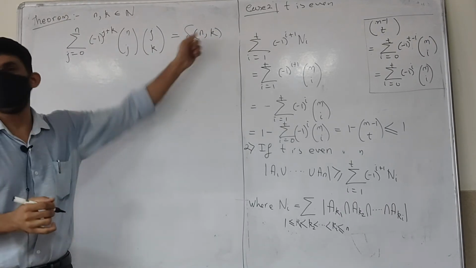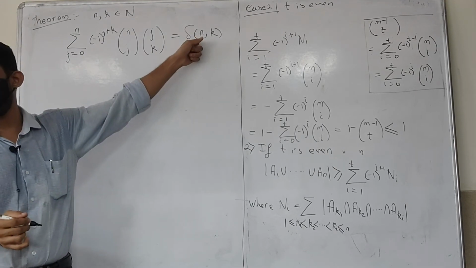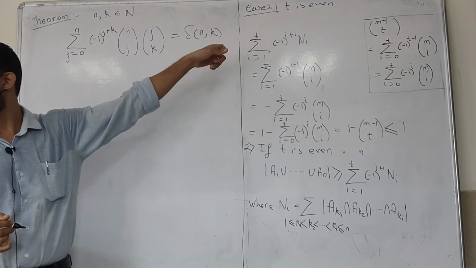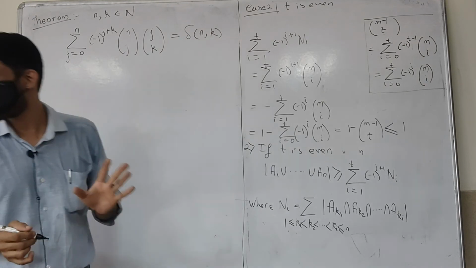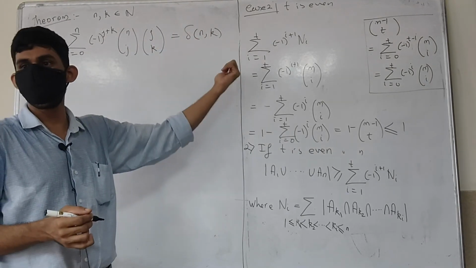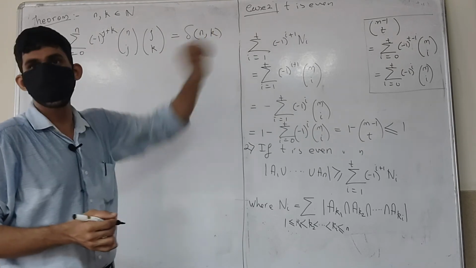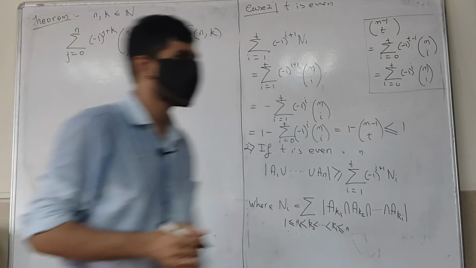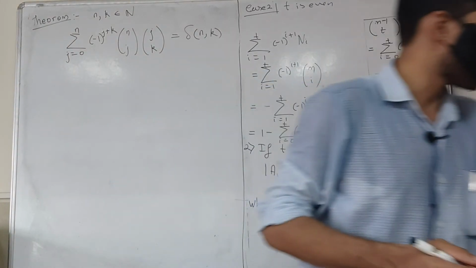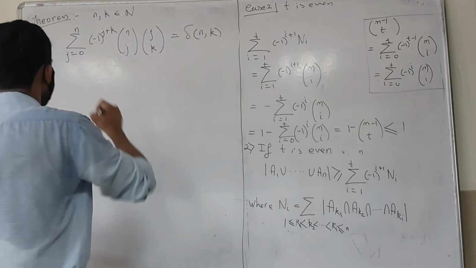The characteristic function. Okay, that is 0 when n is not equal to k and 1 when n equals k. Okay, so this quantity will become 0 when n is not equal to k, and 1 when n is equal to k. Okay, that's what you can show. And to prove this, you can take two different cases.